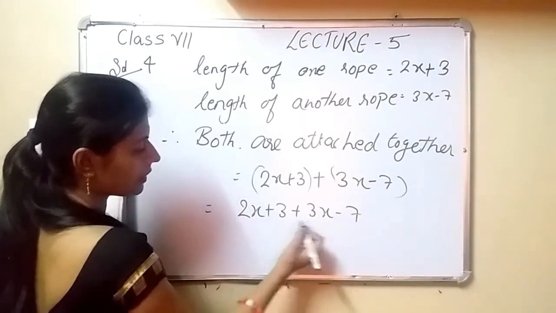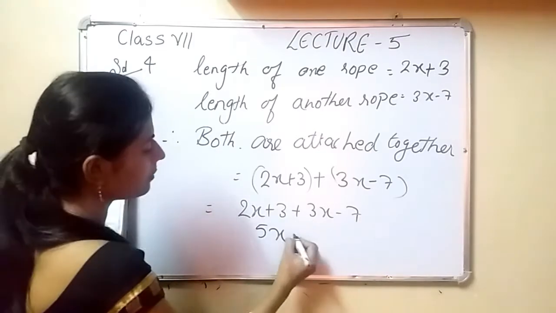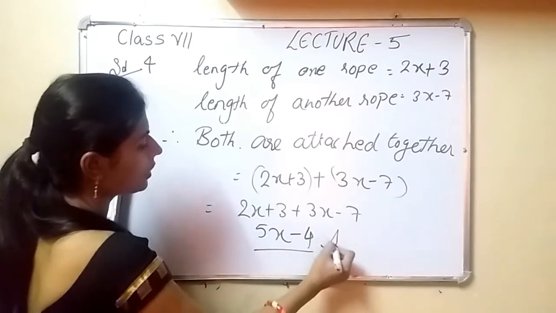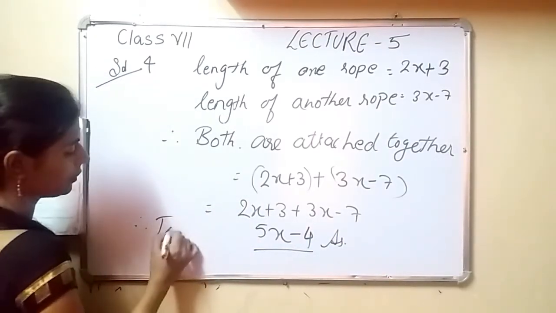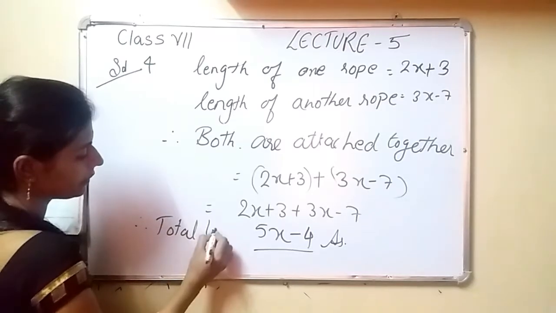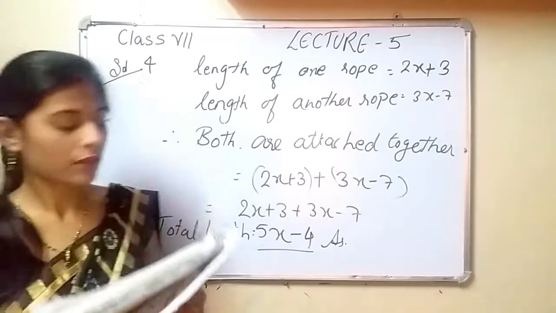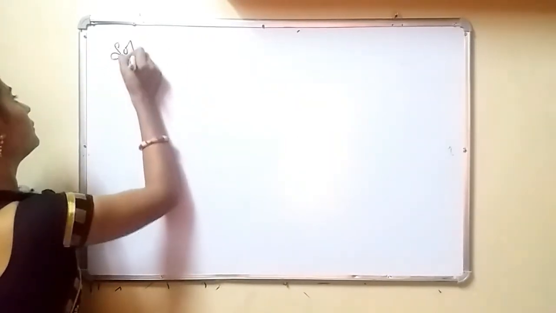So 2x plus 3x will become 5x, and 3 minus 7 will become minus 4. So this is your answer. Therefore the total length is equal to 5x minus 4.